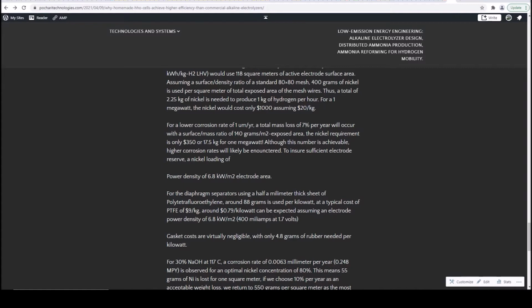Okay, that's easy. So if you take that at 35, and then you divide by 7 kilowatts, you're at $5 per kilowatt for the mesh. So it's still very negligible.